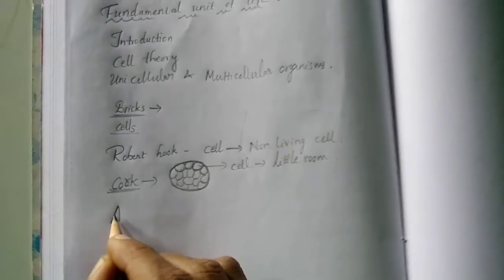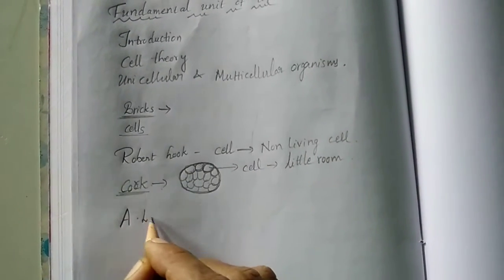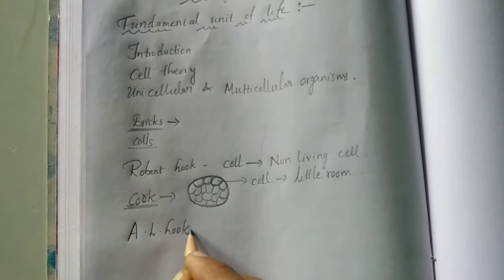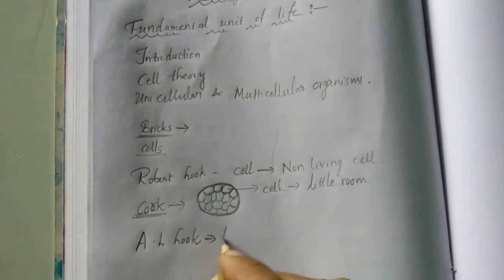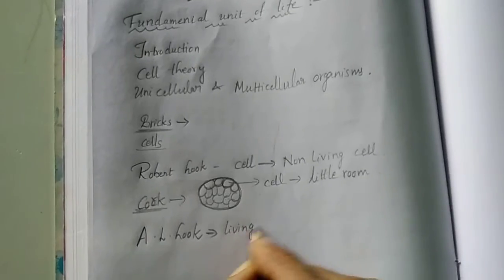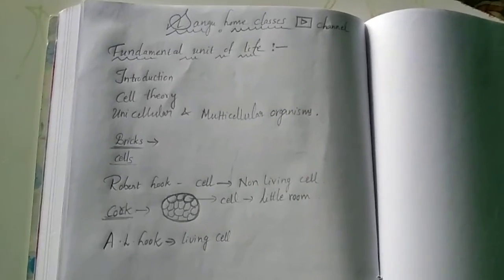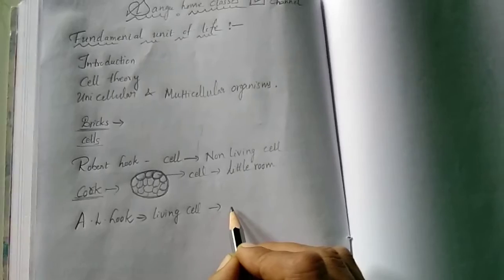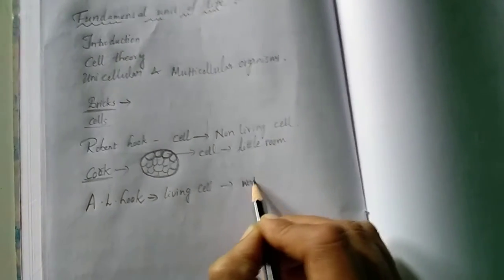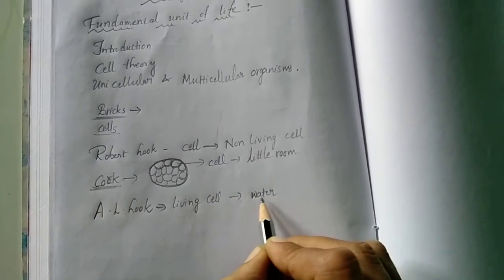After him, the discovery of the living cell was done by Antony van Leeuwenhoek. He discovered the living cell. Where did he observe or identify the living cell? He observed it in water where the water is moving.